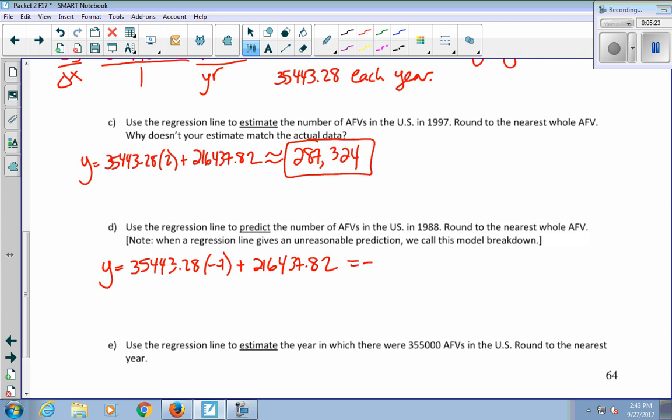I get negative 31,665, rounding to the nearest whole number. But this doesn't make any sense. You can't have a negative number of AFVs on the road. So this is what we call model breakdown, when a model gives an unreasonable prediction.